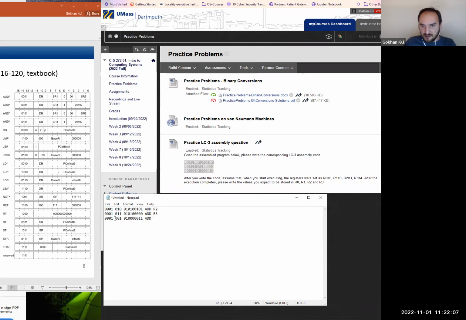And then this 001 corresponds to R1. If you are wondering where these R2, R3, R1 come from, they are directly the binary conversions of these numbers into decimal. So 010 in decimal is 2, so this is R2.